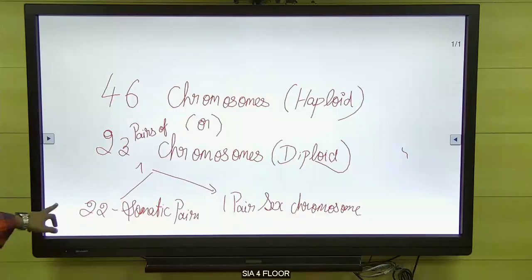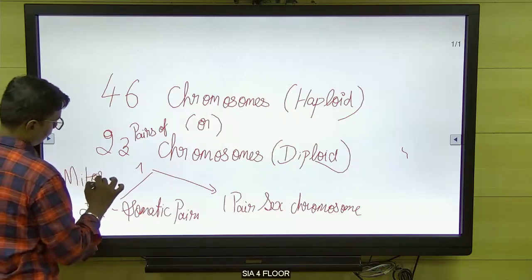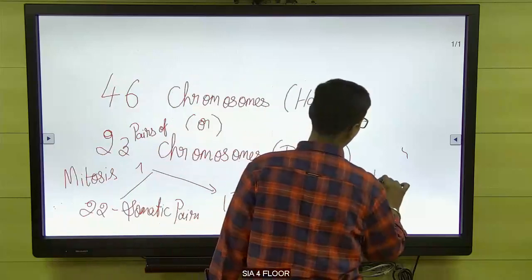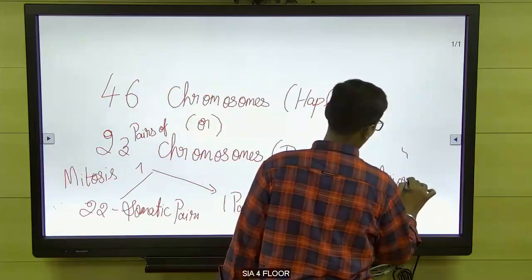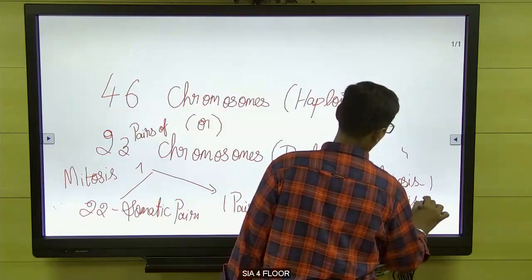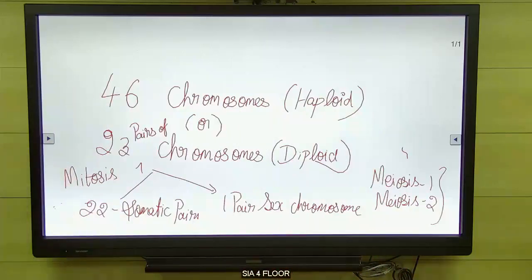The thing is, somatic cells, that is body cells, undergo mitosis, whereas sex cells undergo meiosis 1 and meiosis 2.